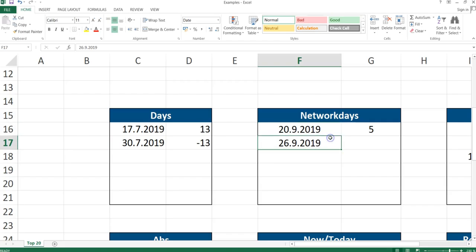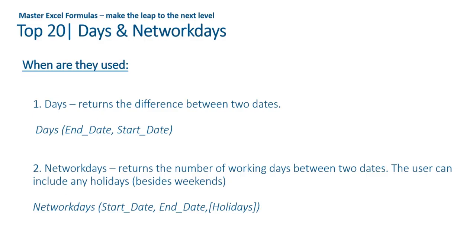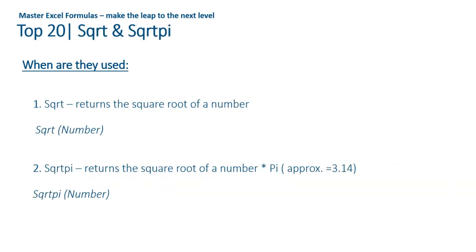Okay, now the next set of formulas are SQRT and SQRTPI. SQRT is a very often used function. It is used to return the square root of a number.